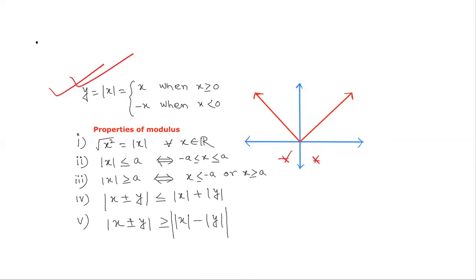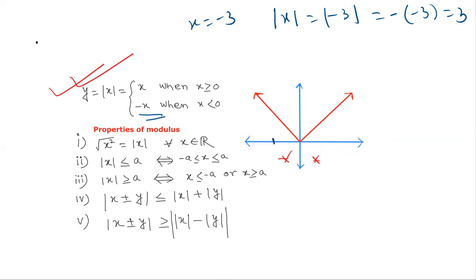Let's say you are taking x equal to -3. Then what is mod x? Mod x will become mod of -3. So according to the definition of mod, it will become minus of -3. So this will become 3.